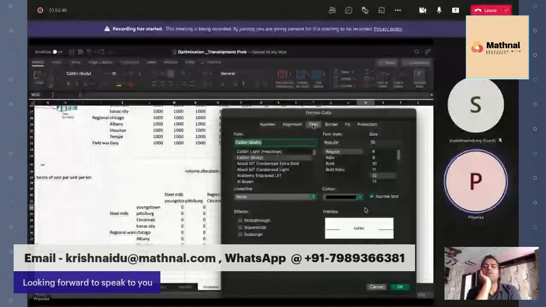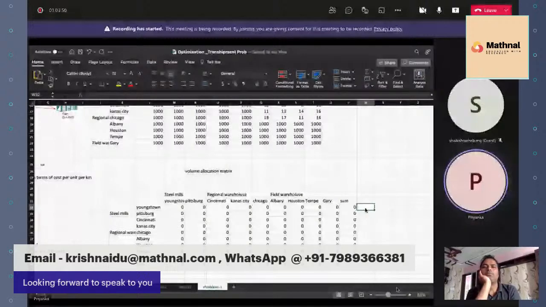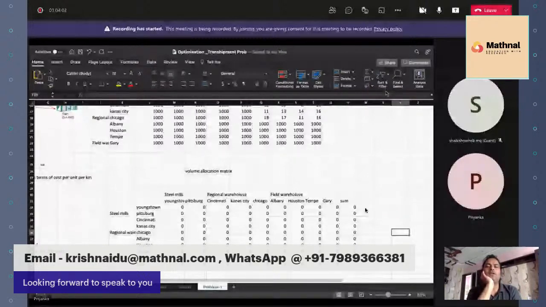Now here increase the size. Make it 18 here. Click OK. Okay, now you try to check. Go there once again, the cell which you made 18. Yeah, now you get 18 there, right?